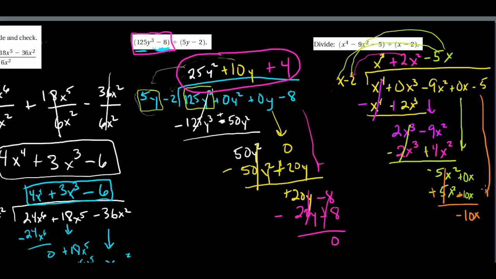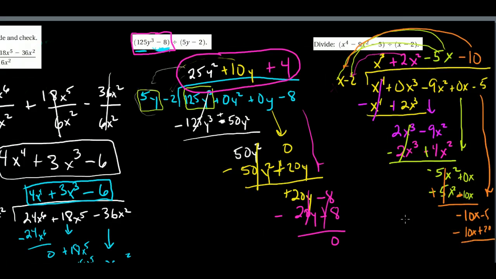I bring down my minus 5, and now I have to divide again, so to get negative 10x from x I have to subtract 10, so negative 10. I distribute, so that's a negative 10x plus a 20.